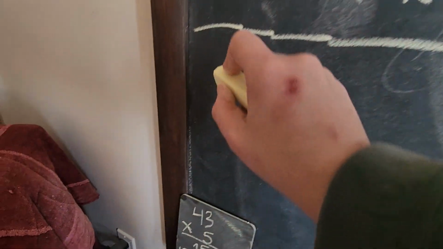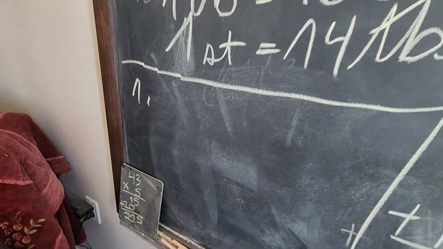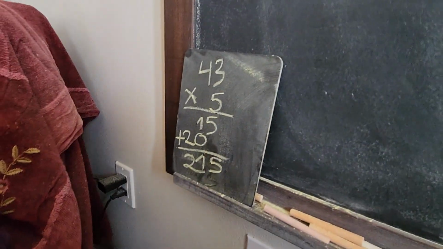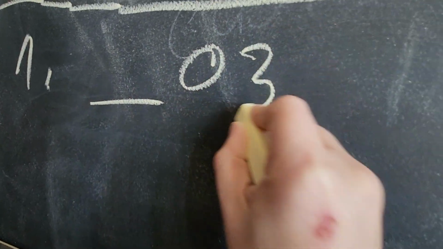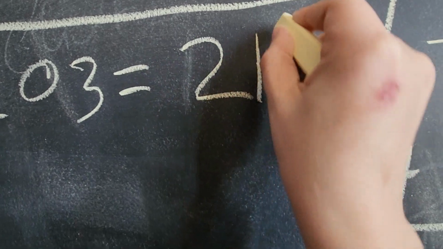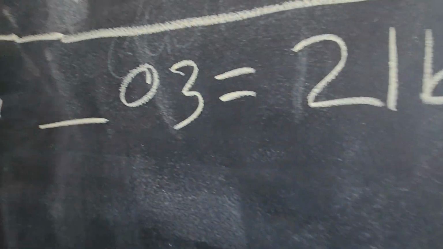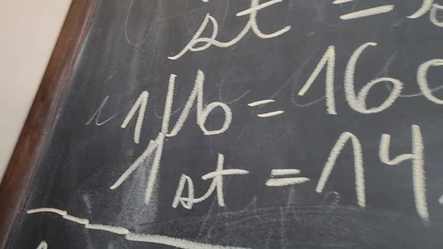So this is going to be the work for number 1. Okay, so this would be ounces. We got blank ounces equals 2 pounds. And we got to figure out how many ounces is 1 pound.